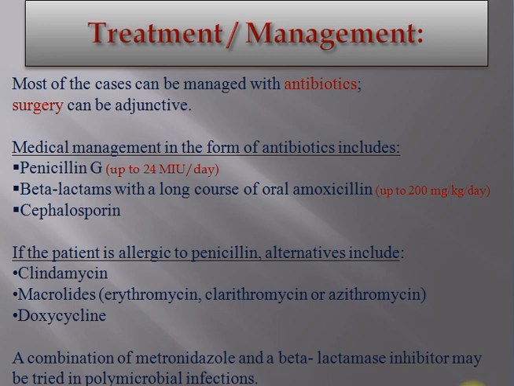No randomized controlled trials have evaluated antibiotic regimens for cervicofacial actinomycosis. Most isolates are susceptible to beta-lactams, and I won't repeat the different types of antibiotics and which one is susceptible or non-susceptible, and you can see it on the slide. The main antibiotic treatment includes penicillin G, beta-lactams, and cephalosporin.